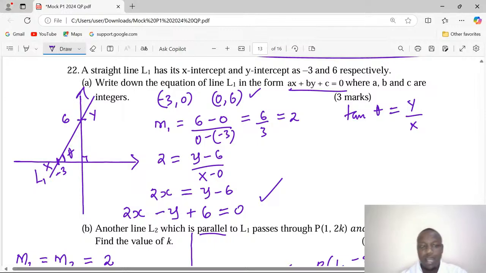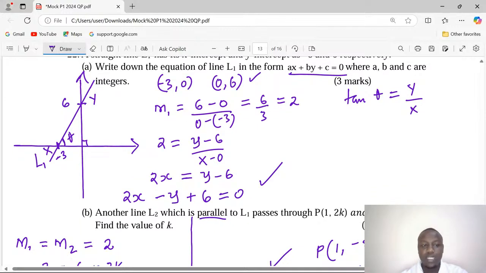Again, something we're supposed to know is that for the line, the gradient will also be given by the same.